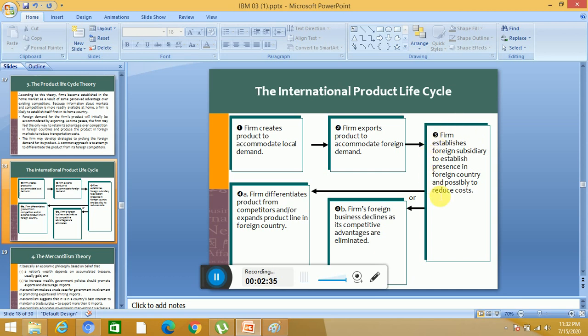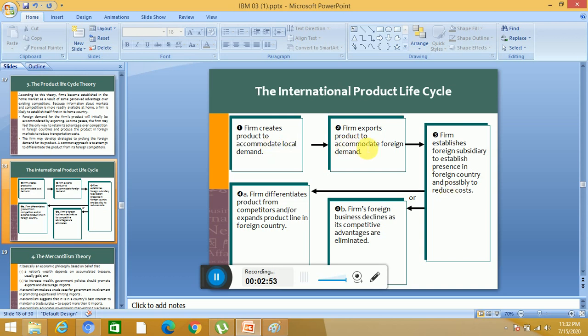So now what will they do? To get a competitive advantage over their competitors, they will start a foreign subsidiary. They will start a production house in that country.